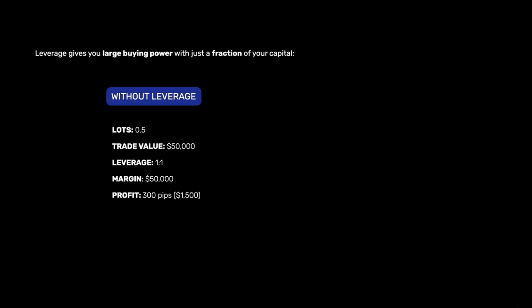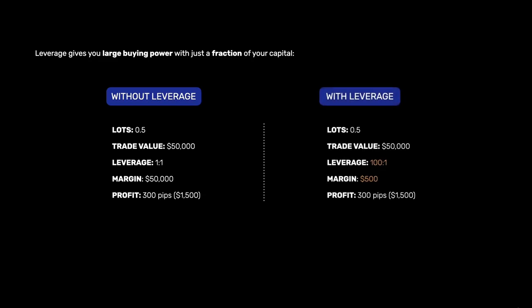Fortunately for us, brokers recognize that not everyone starts with large trading accounts, so they allow you to leverage up your positions. And that really common leverage ratio is 100-to-1. And the effect that this has on your trade is pretty significant, right? So let's see this with a second example with the exact same trade, but now with a 100-to-1 leverage in effect.